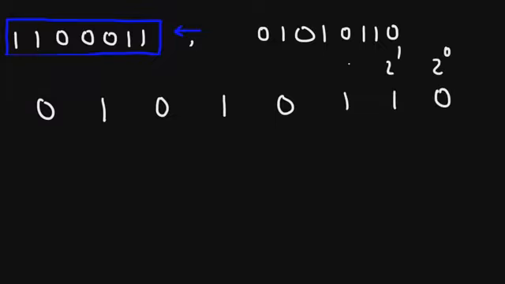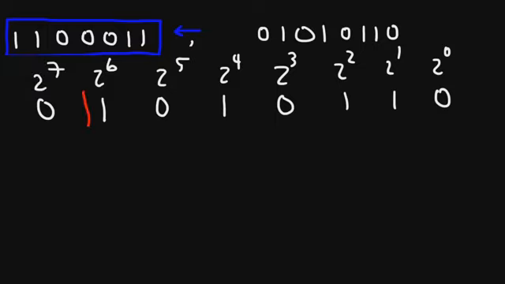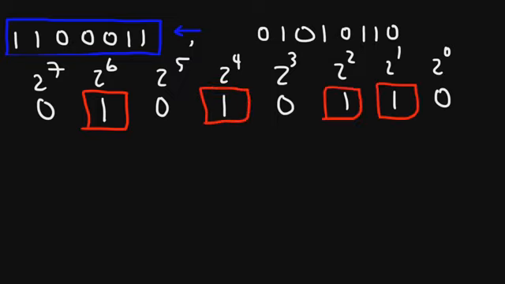So let's rewrite the number. So we have 0, 1, 0, 1, 0, 1, 1, 0. Now let's write these numbers at the top. And once again, let's focus on the numbers that contain a 1. Now let's add up these numbers.